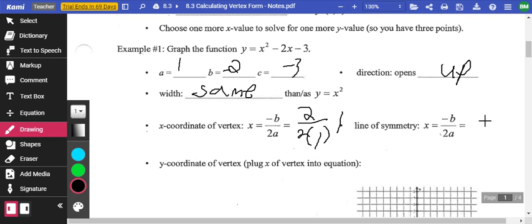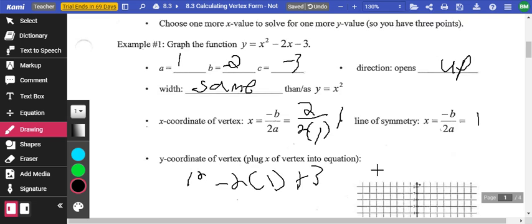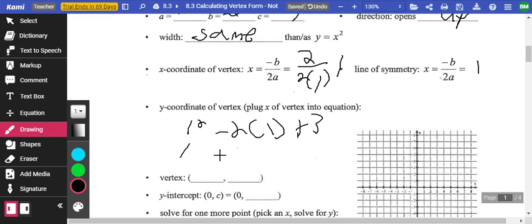So the line of symmetry is 1. The y coordinate, we're going to have to plug it back in. So we're going to get 1 squared minus 2 times 1 plus 3. So 1 squared is 1 minus 2 plus 3. 1 minus 2 is -1 plus 3 gives us 2.